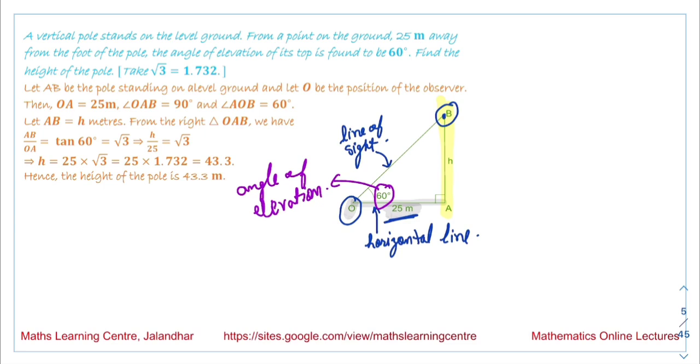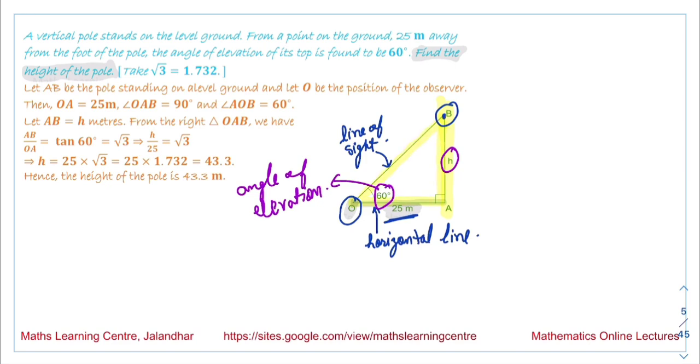Because the object is lying above the horizontal line. Now the question is to find the height of the pole. Suppose the height of the pole is h meters. Now we have a right angled triangle OAB. We are talking about this triangle OAB.